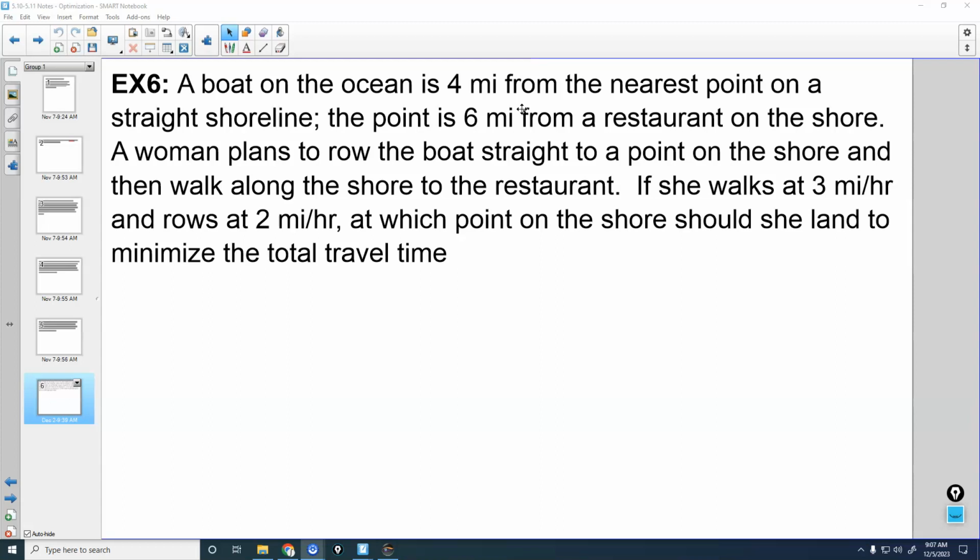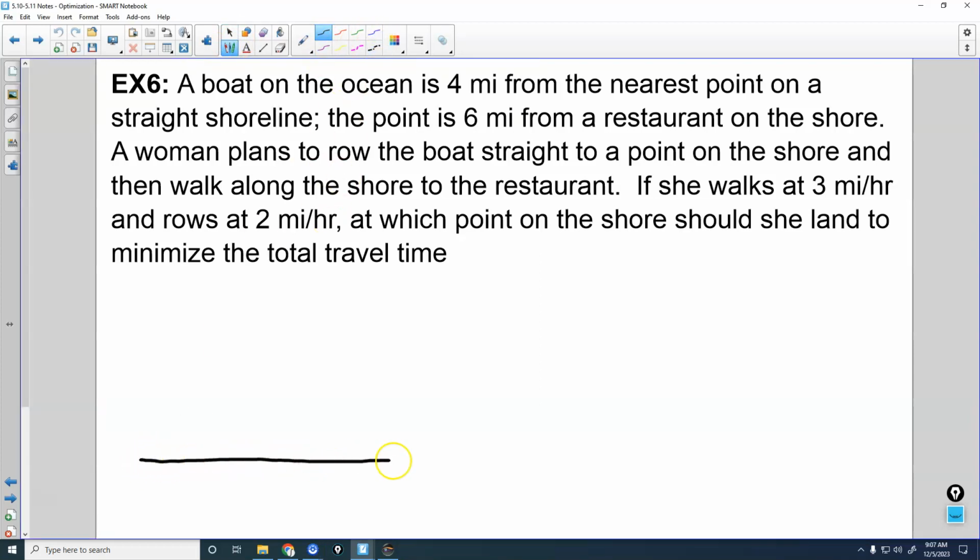Okay, so first of all, we have a straight shoreline. So here's our shoreline here. And we have a crazy woman out here with her paddles, who is in a rowboat 4 miles from the shore in the ocean. That's a long ways to be out there in a rowboat.